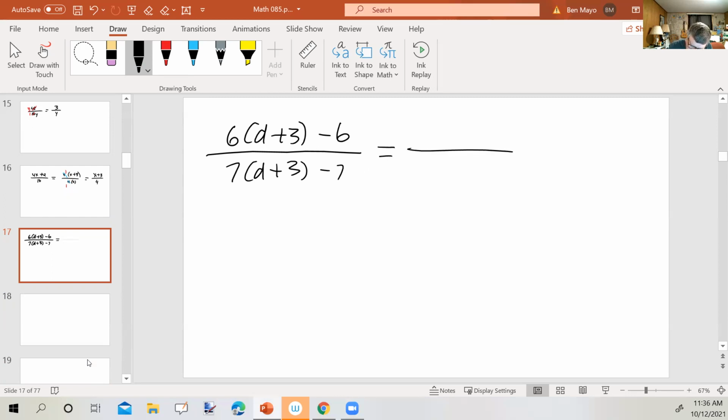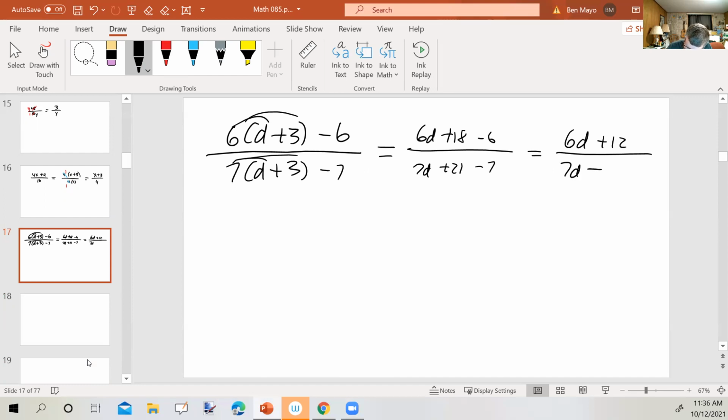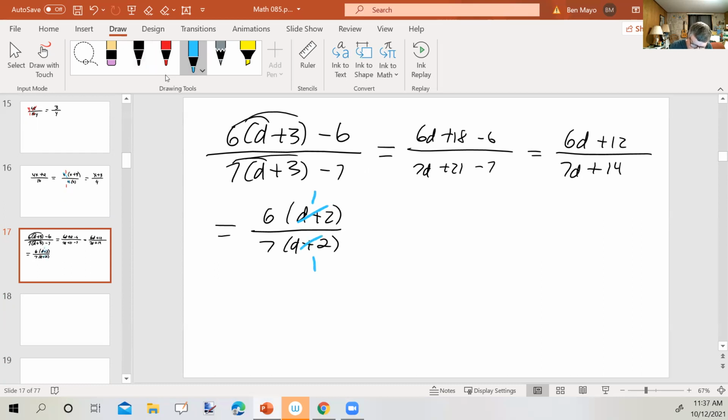So first of all, distribute: 6d plus 18 minus 6, 7d plus 21 minus 7. Combine like terms: 6d plus 12, 7d plus 14. Now we can factor a 6 out of the top and a 7 out of the bottom. Now the d plus 2's are both factors of the numerator and the denominator, so now we can reduce it.